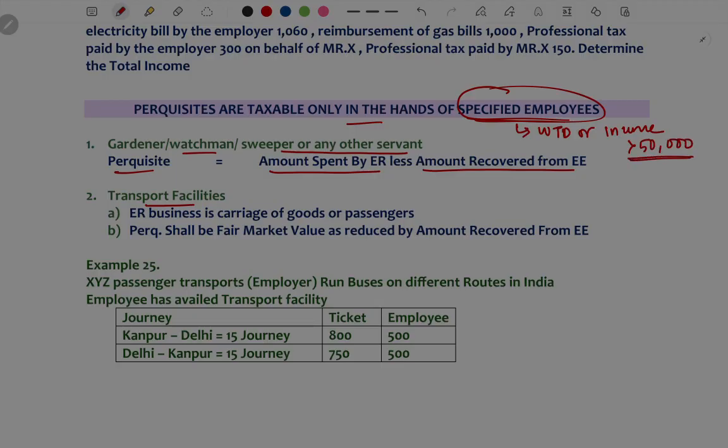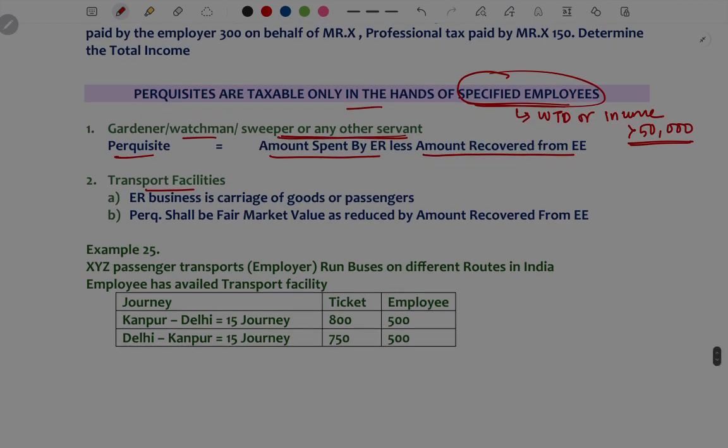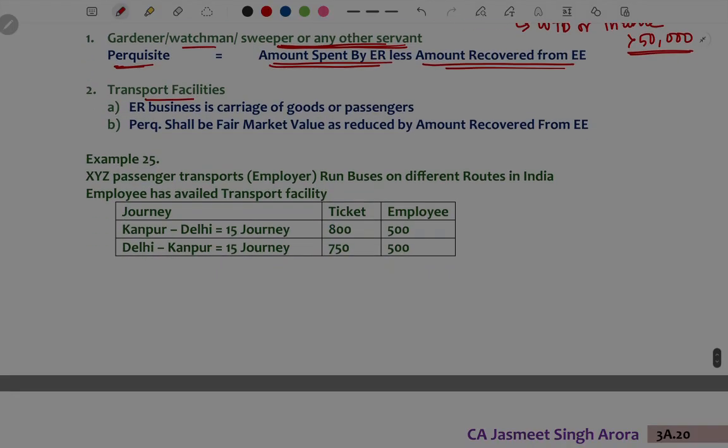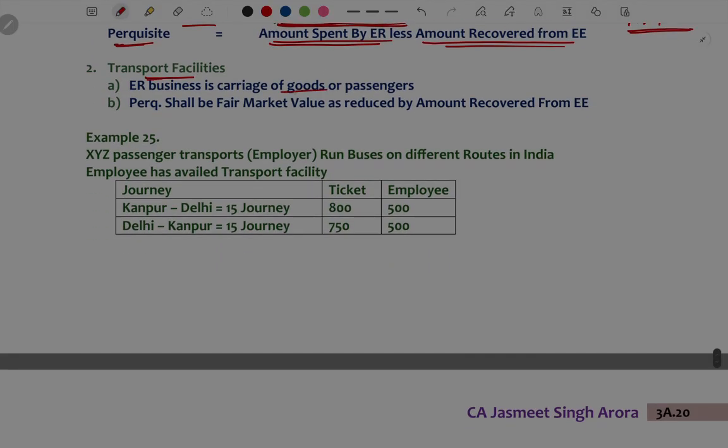For transport facility, it is the fair market value reduced by the amount recovered.